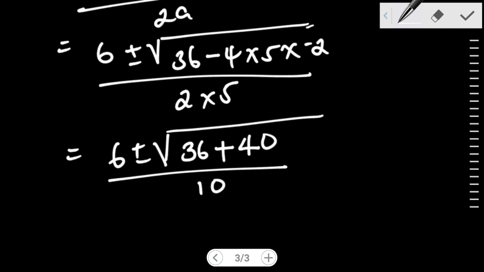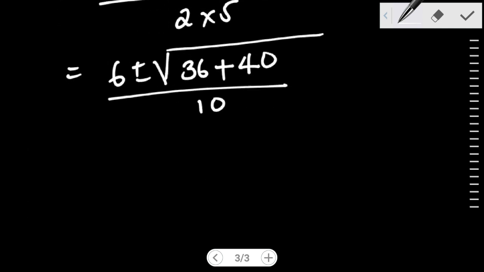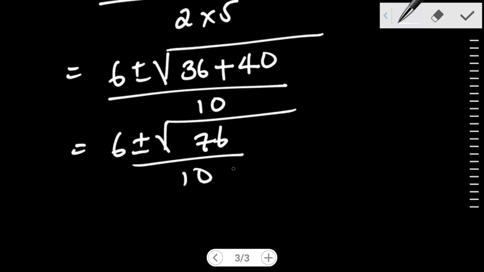Yes. So having done so, we know that this would be equal to, now let's work out. So this is 6 positive or minus the root of 36 plus 40, this is 76, divided by 10.